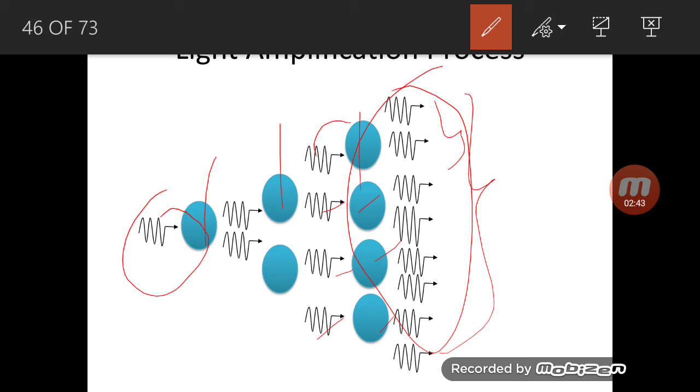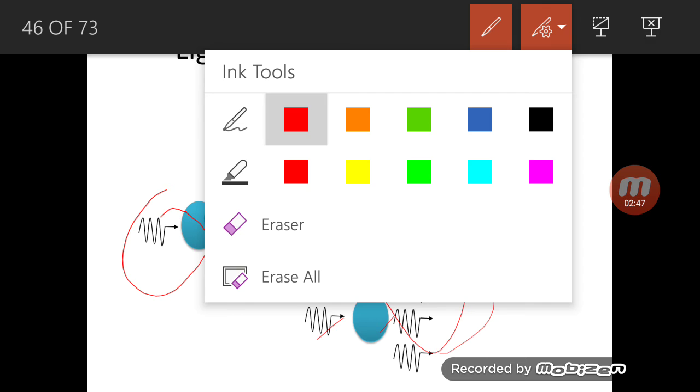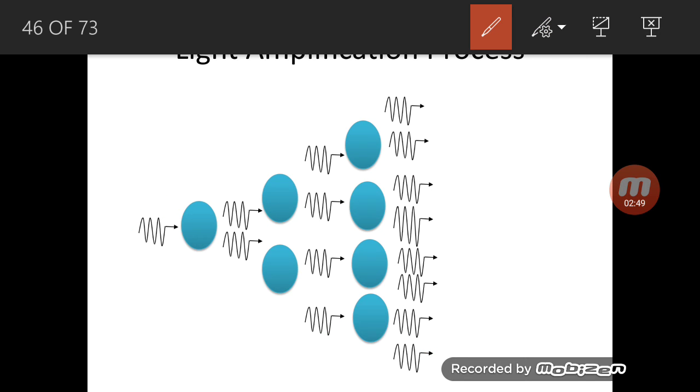Got it? So if you look at these photons, all the photons are traveling in the same direction, all will have the same phase, all will have the same frequency or energy. Therefore, we have increased the number of photons. Increasing the number of photons means we have increased the intensity of light. This is what we are doing.